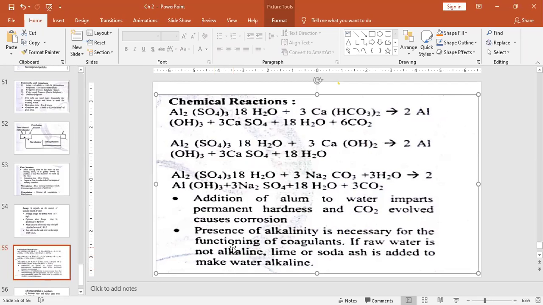Such reactions are performed in water during the coagulation and flocculation process.